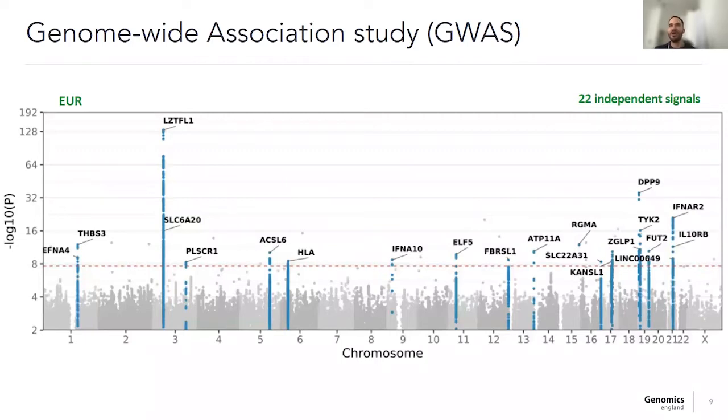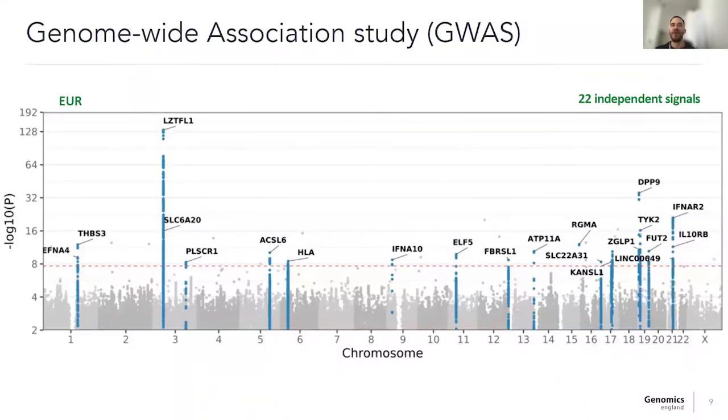Using this method, we can see here a Manhattan plot summarizing our discoveries. You can see on the y-axis the strength of significance, which is minus log 10 p-value, basically standard for these types of analysis.